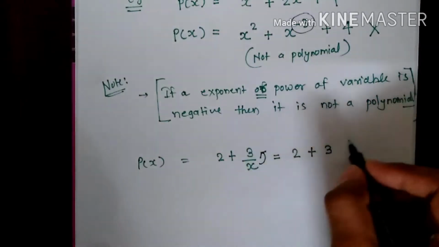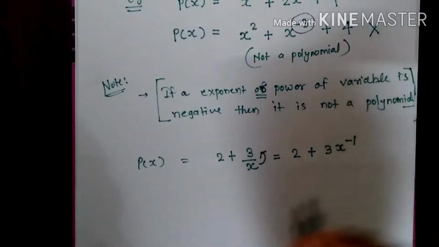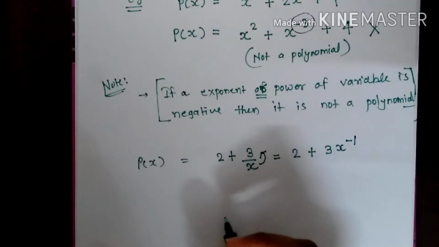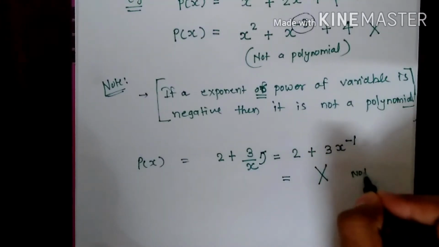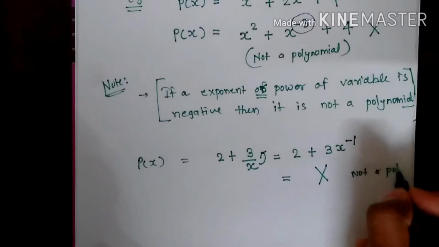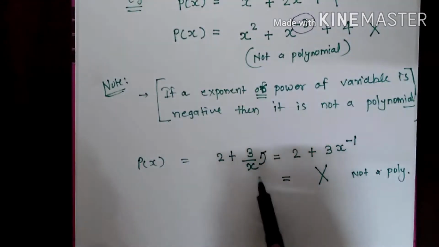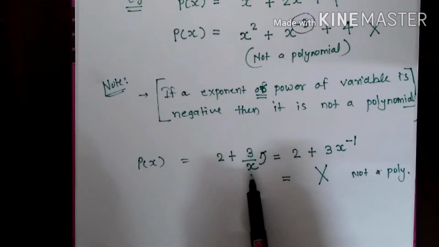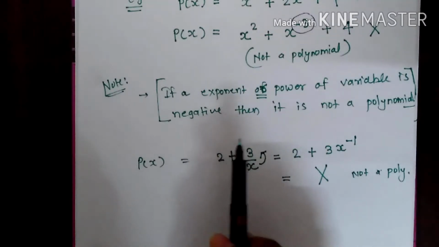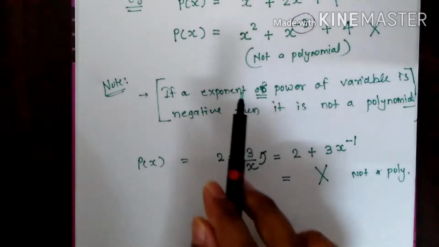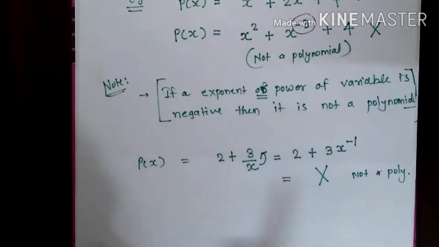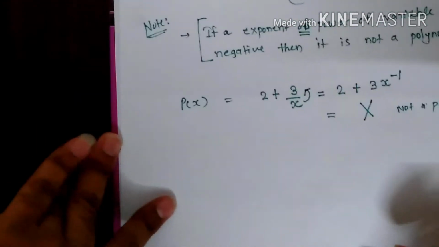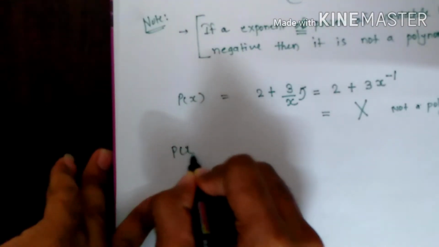When we bring this variable into the numerator, it becomes x raised to power minus 1. So again this is not a polynomial. Is it clear? For a polynomial, all the powers of the variable should be positive.